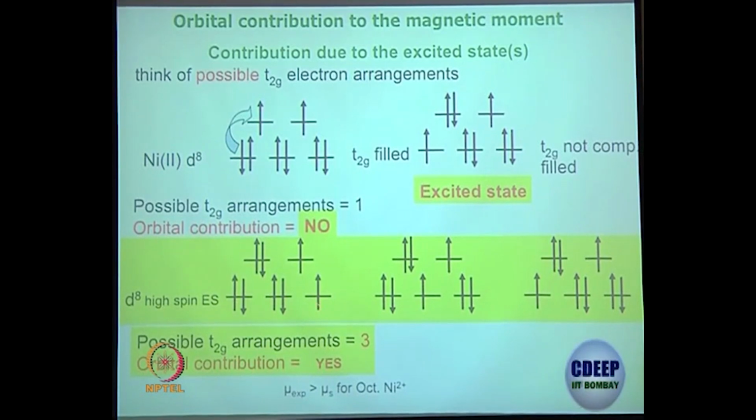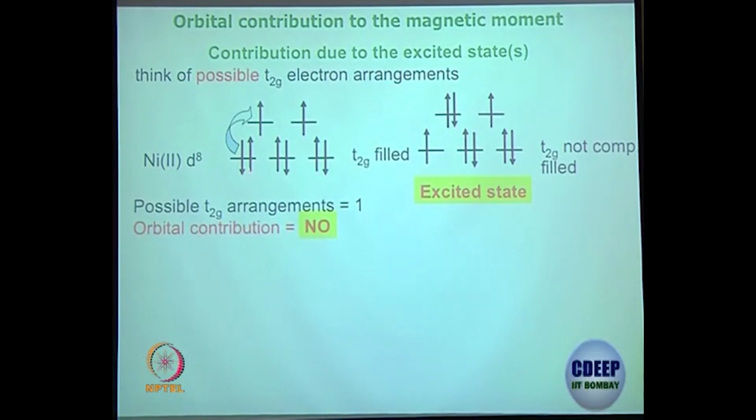Now this is another configuration. This is for t2g5 eg3, I guess this is the one. Of course in here you can have three different orientations, that is what we are trying to say.